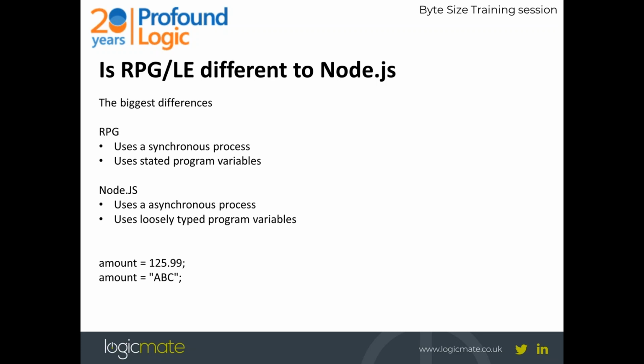So it's a process that starts at the beginning, follows the logic until the end, and then finishes. And it uses stated program variables. So a numeric variable is a number, an alpha is a string, and a date is a date, and so on.